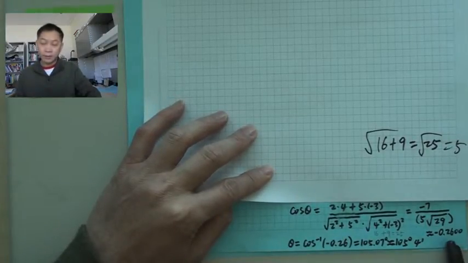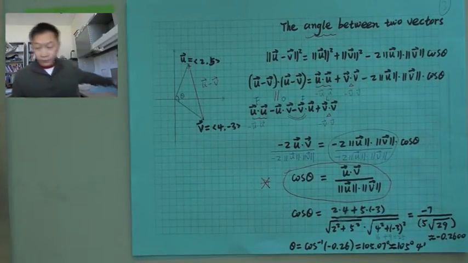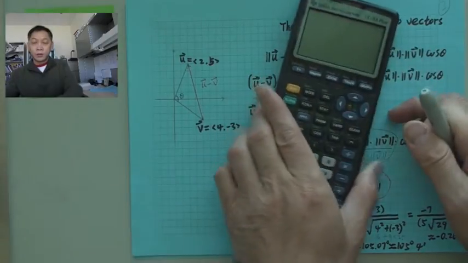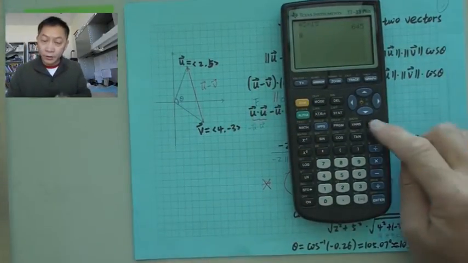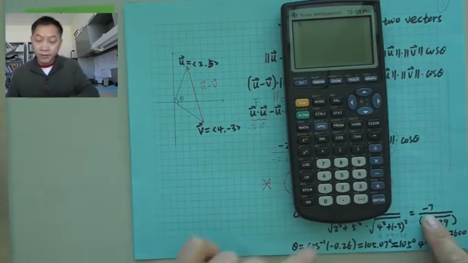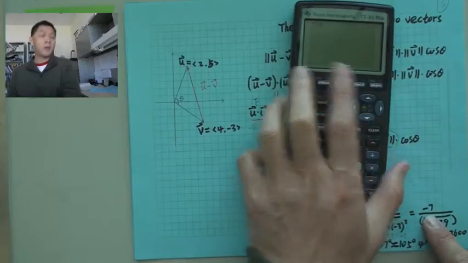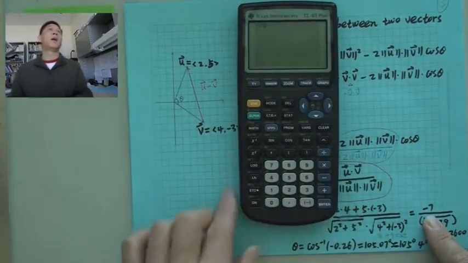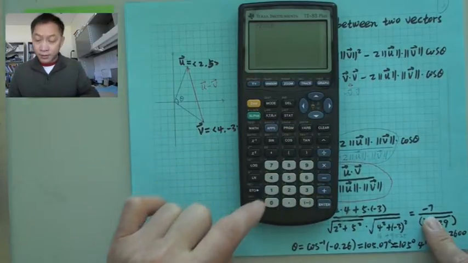Okay, yeah. So you see, my calculator is right here. What you do is, you can start to calculate this -7, divided by parentheses.